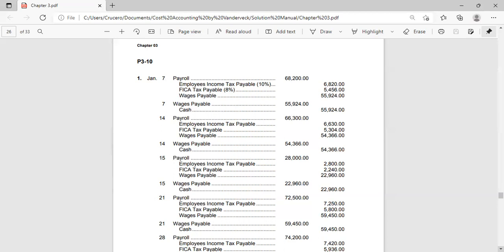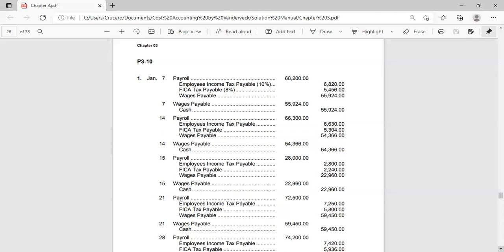Also, we should check for payment of the payroll. So we now debit wages payable and credit cash upon payment of 54,366.